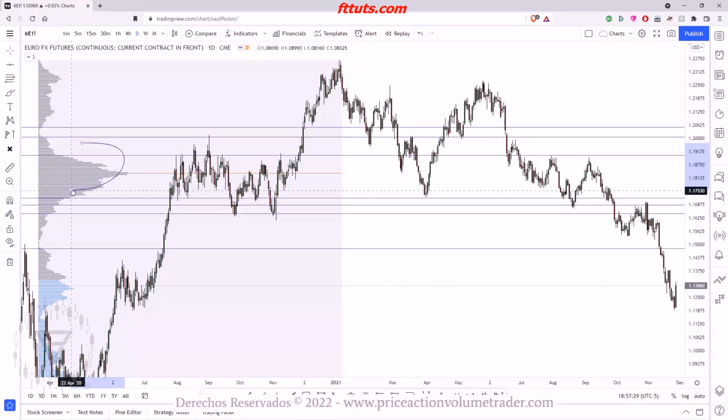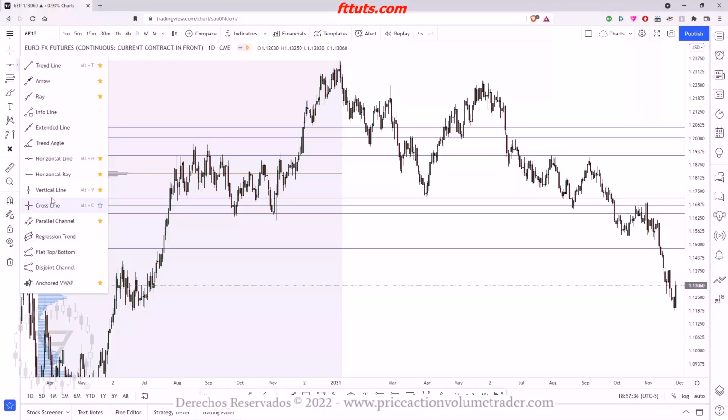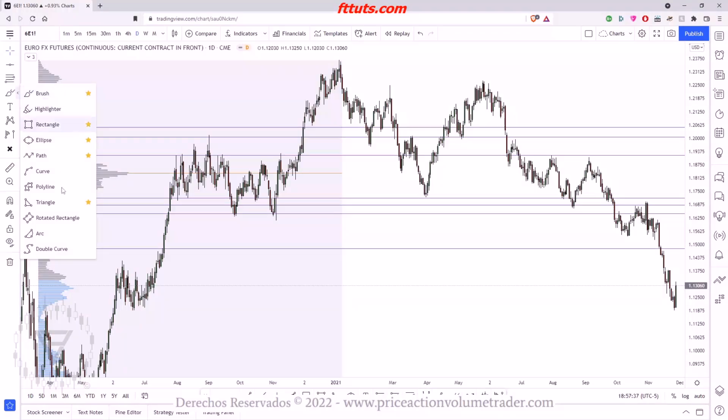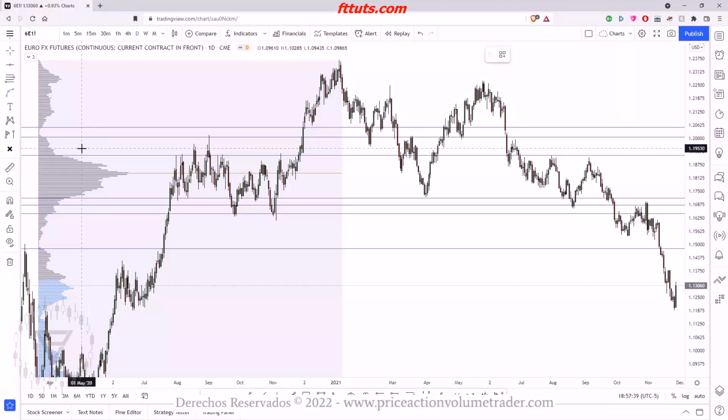I'm going to use the curve tool right here, because this is the local node, but we also have this other node here.